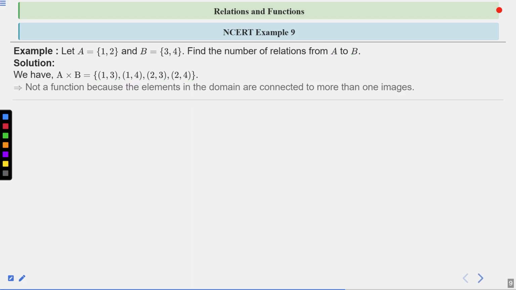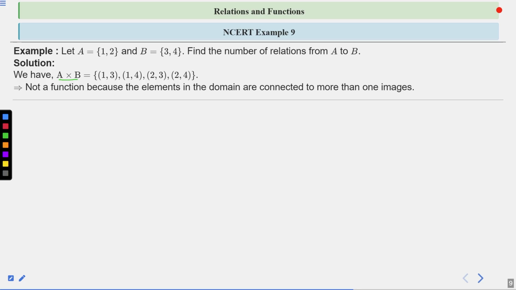Now, just try to observe that in A cross B, how many elements we are having? 4. And the total number of relations will be 2 raised to 4, meaning 16.